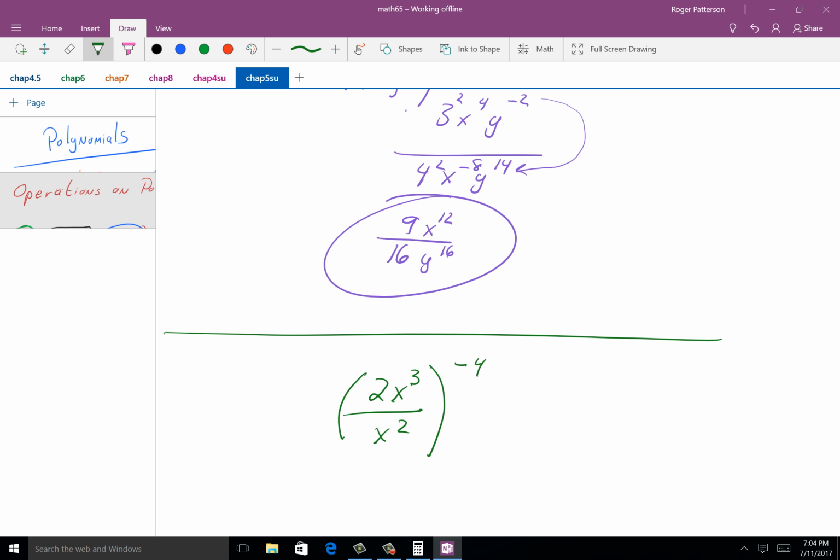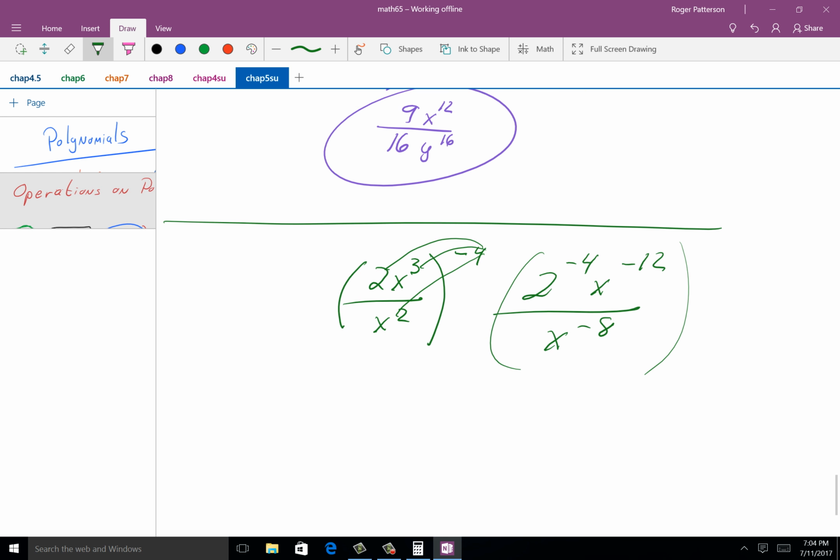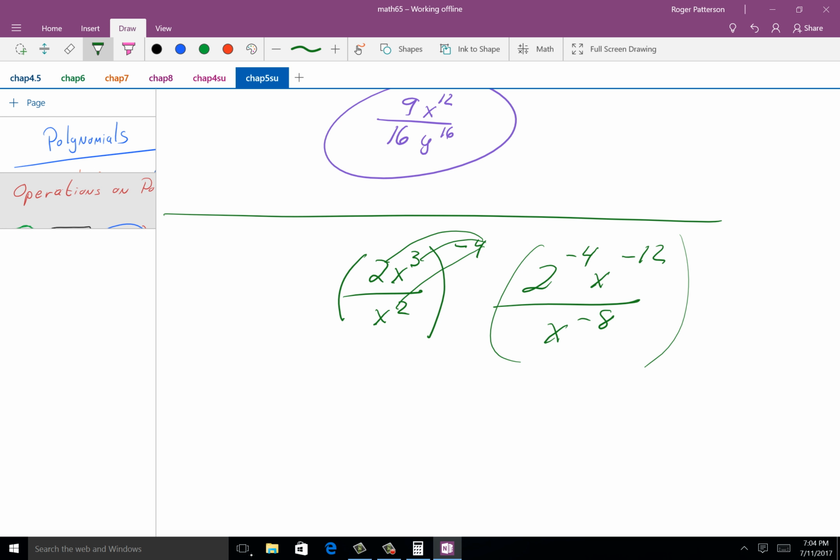Okay? So we kind of did one like this. So again, we can go like this here. Move this to each one. And then simplify it. So I got 12 here and 8 here, 2 to the negative 4 there.